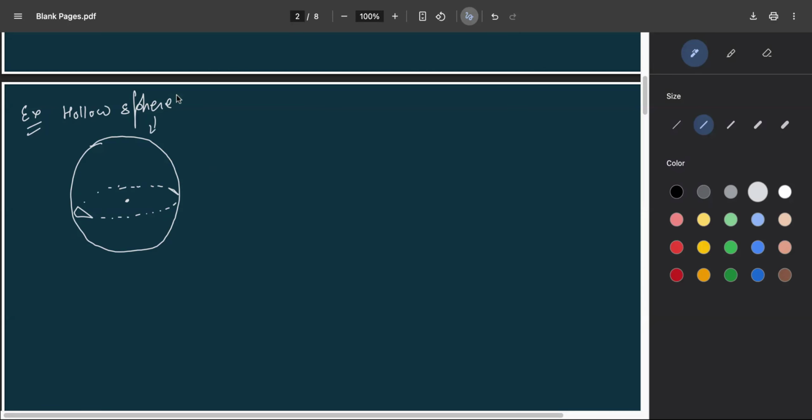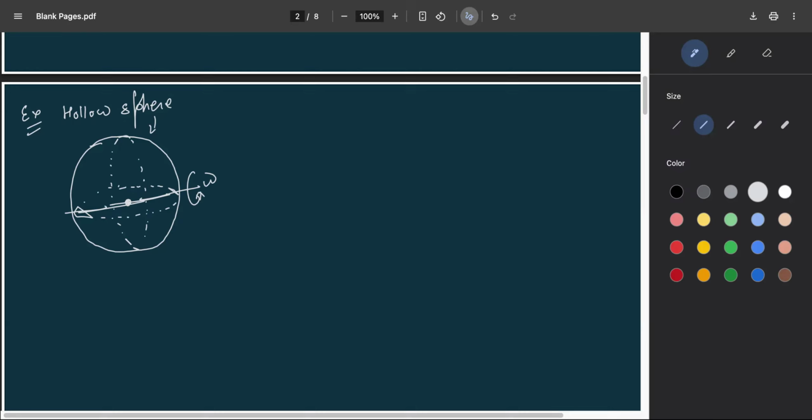How we can let it rotate? Assume about this axis, this central axis, it is rotating with speed omega. It is rotating with speed omega. You need to figure out the angular momentum.